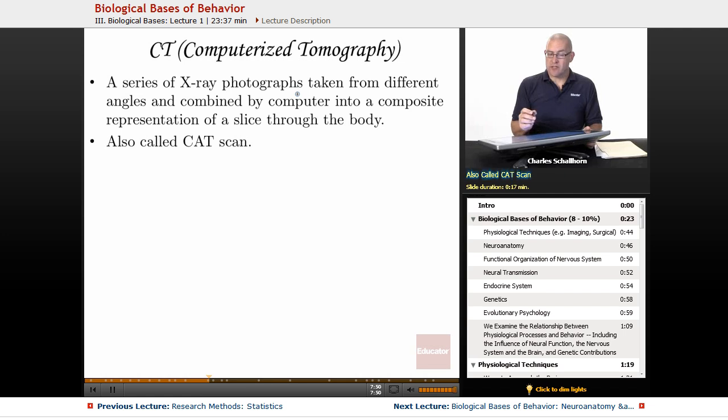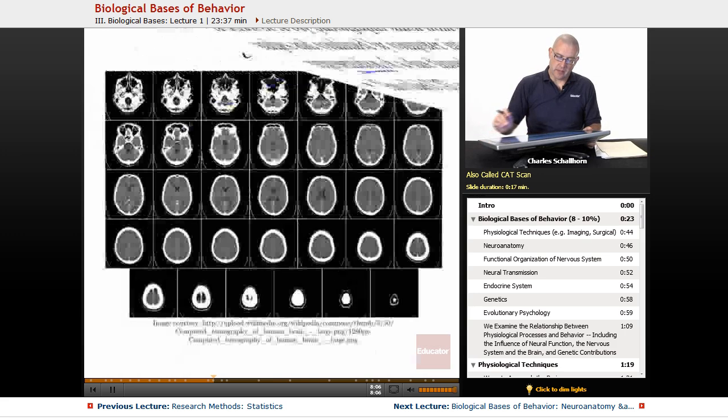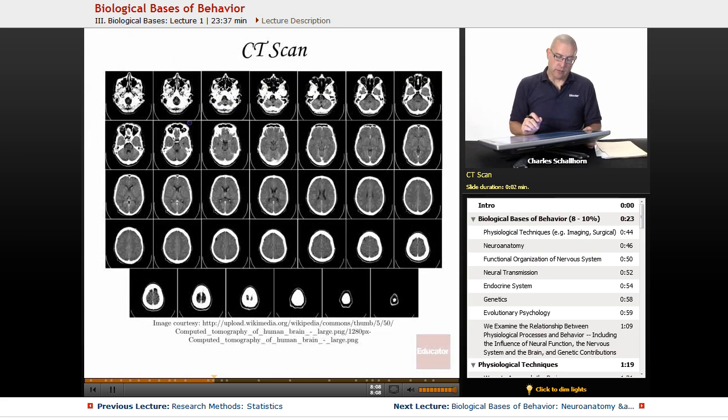CT scan, otherwise known as a CAT scan, as it's mentioned here, is a series of X-ray photographs taken from different angles and combined by a computer to form a composite image of a slice through a particular part of the body. And so we're looking at a representation. And here's what a CAT scan would look like, or a series of CAT scans.